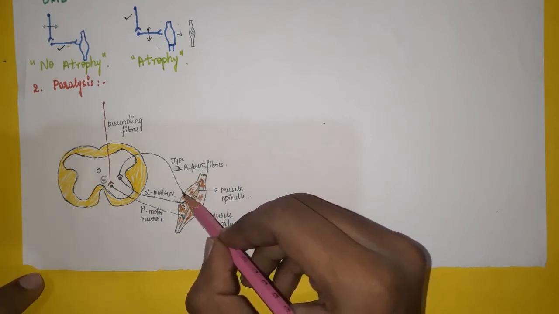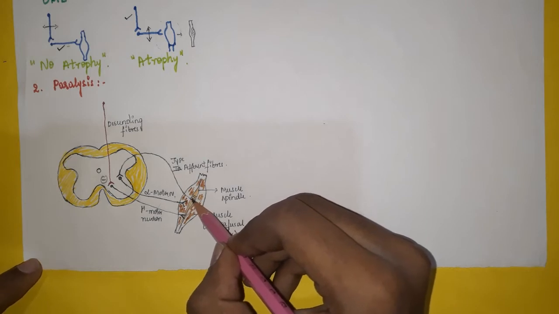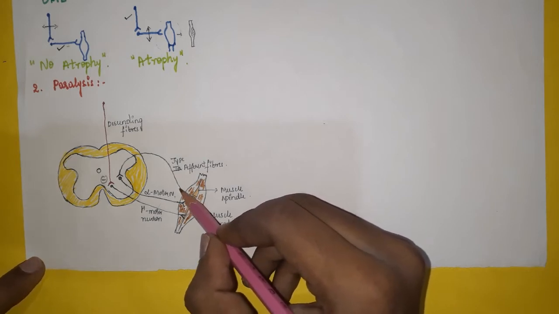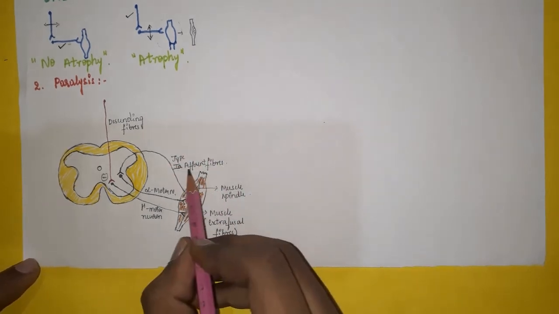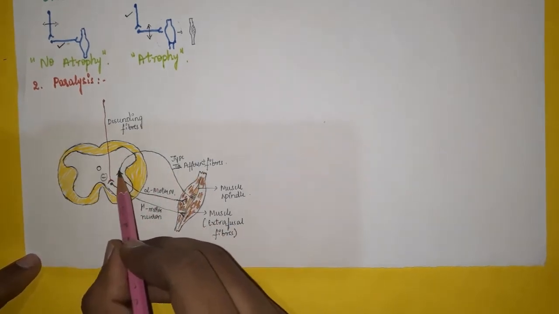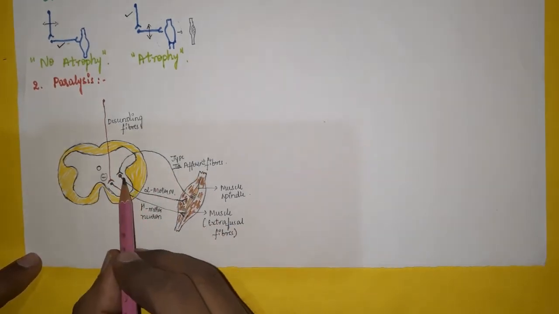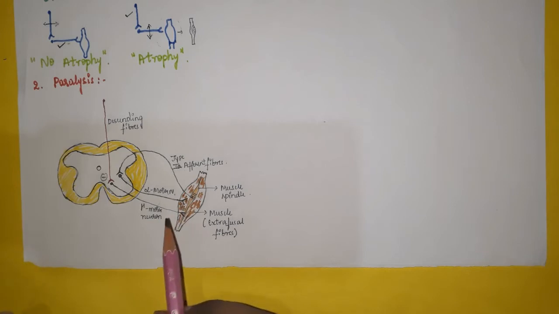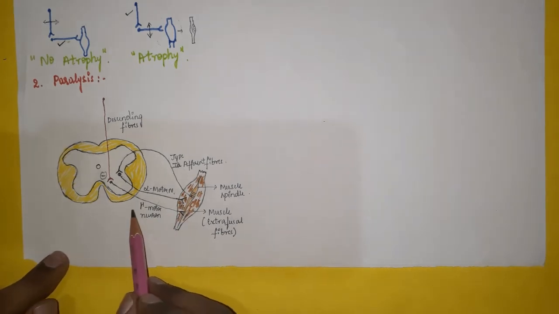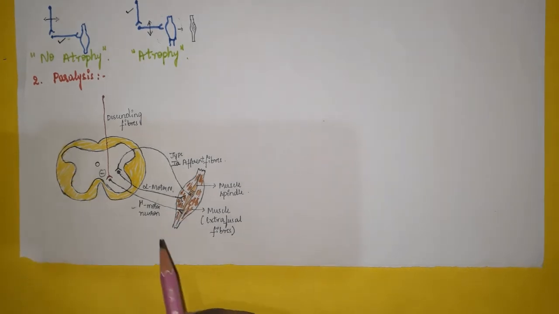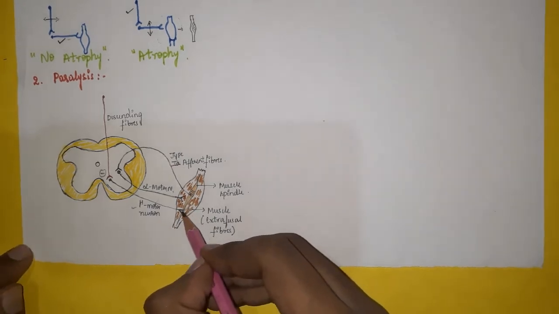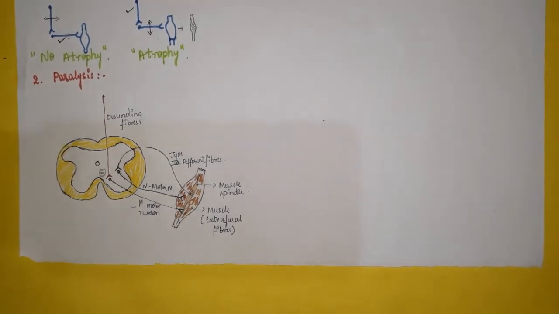The sensory stimulus, that is stretch, is carried by the type 1A afferent fibers, and they end directly on the cell body of the alpha motor neuron. Therefore, stimulation of the gamma motor neuron causes contraction of the peripheral part of the intrafusal fibers, or muscle spindle.